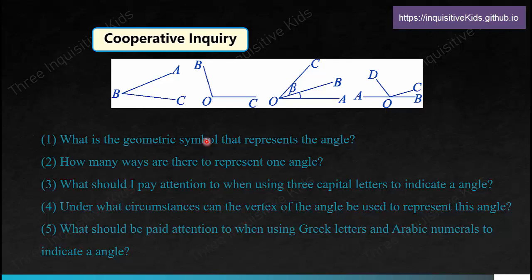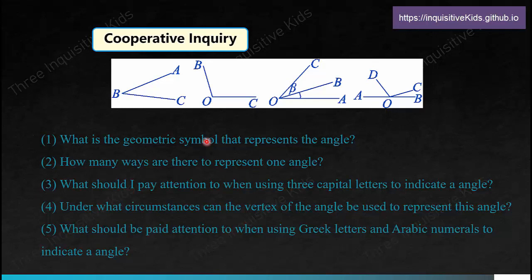What should I pay attention to when using 3 capital letters to indicate an angle? 4. Under what circumstances can the vertex of the angle be used to represent this angle? And 5. What should be paid attention to when using Greek letters and Arabic numerals to indicate an angle?